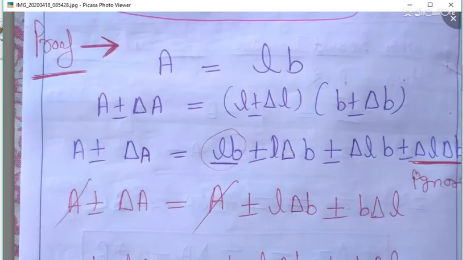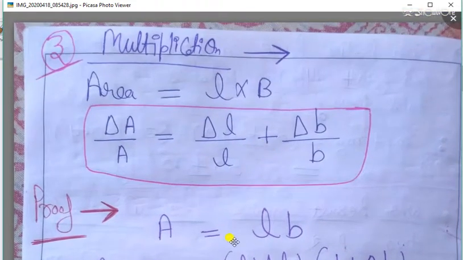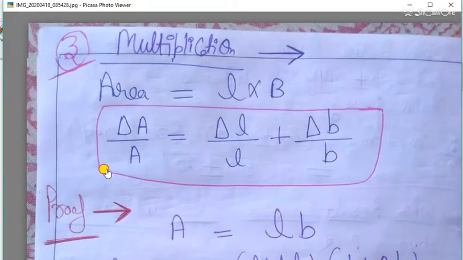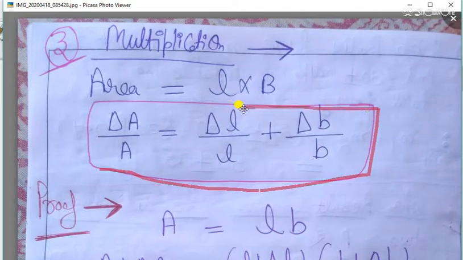And we have discussed this derivation today, that z is equal to L into B. So this relation we have done today, that absolute error in area is equal to absolute error in length or absolute error in breadth, or you have studied about the detail analysis.